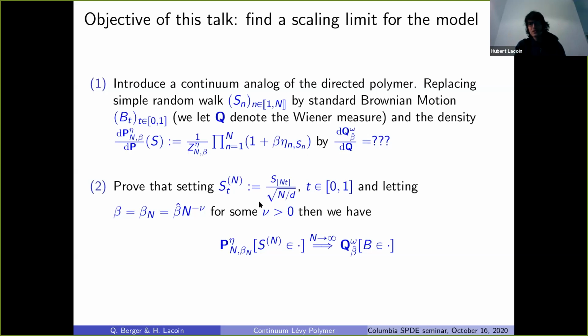In particular, we want it to be the scaling limit of the discrete model, in the sense that if we rescale our walk diffusively, so we rescale time by n and the transversal direction by square root of n, and if we send beta to 0 with a specific rate, an inverse power of n, we want the distribution of this rescaled random walk under the discrete polymer measure to converge, when n goes to infinity, in distribution to my continuum polymer measure. This is the kind of result that we will be interested in today.